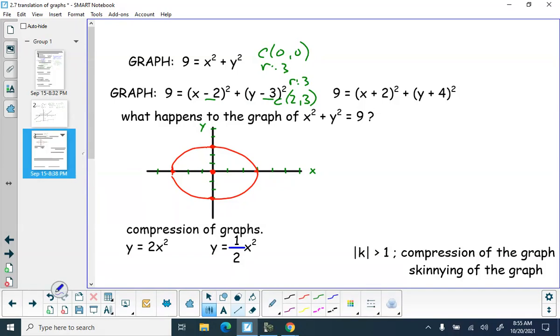The second one has center point at 2, 3. All we're doing is translating all of our points 2 to the left and 3 upwards. We can still go 3 points.